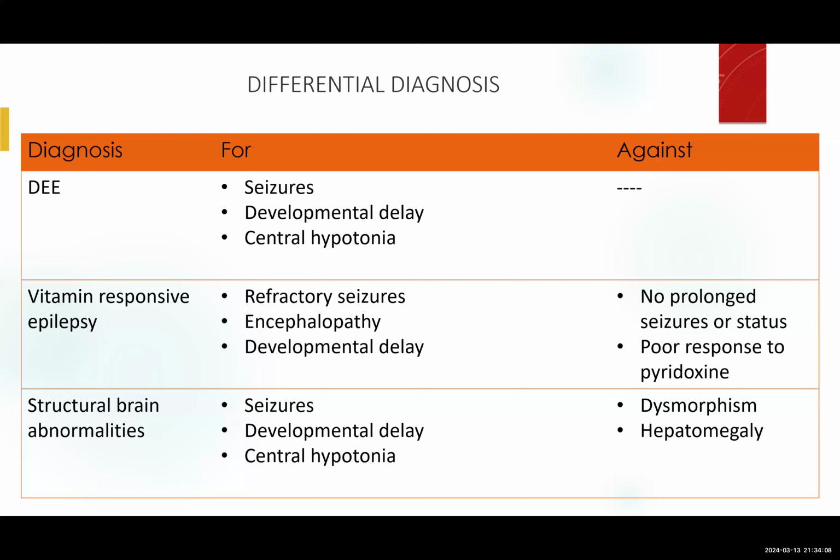Another differential considered was vitamin-responsive epilepsy in view of the refractory seizures, encephalopathy, and developmental delay. However, the child did not have any prolonged seizure or status, and there was poor response to pyridoxine. The final differential considered was structural brain anomalies in view of seizure, developmental delay, and central hypotonia.